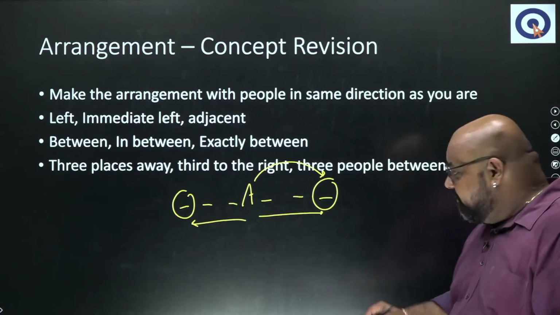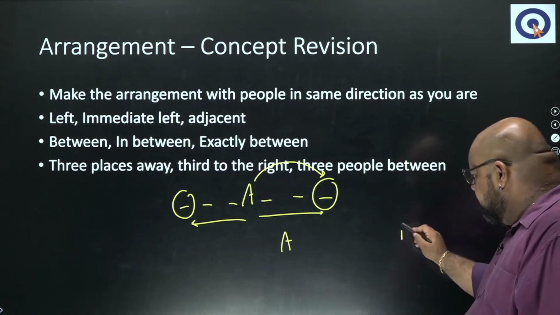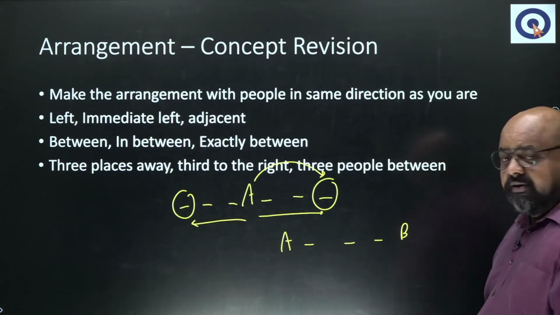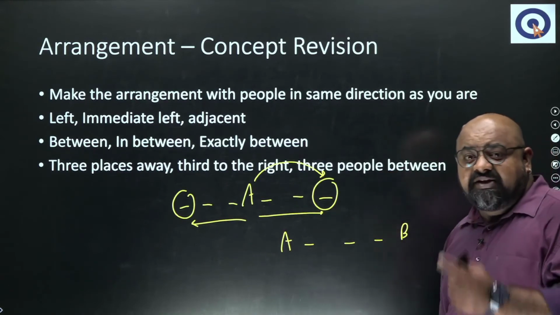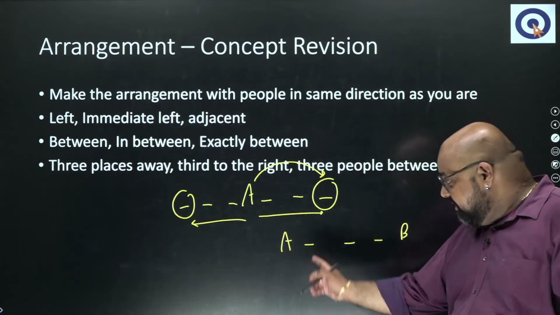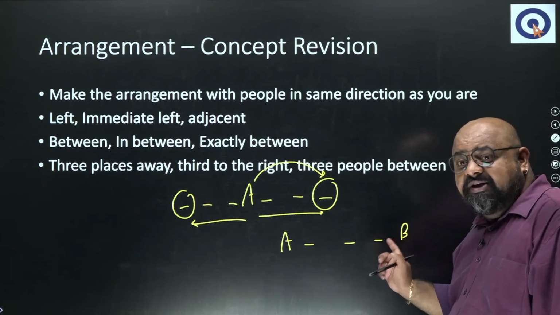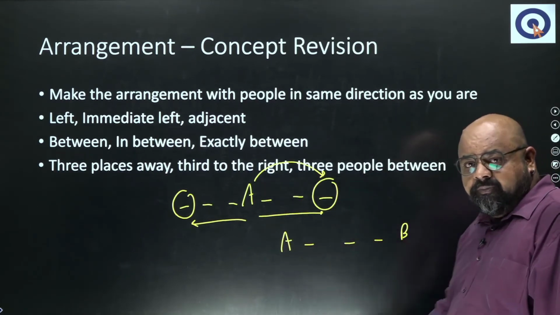If I say 3 people between, there have to be 3 here. Could be on the other side as well. But 3 people between and 3 places away are not the same things. If there are 3 people between A and B, then B is 4 places away from A. Alright?